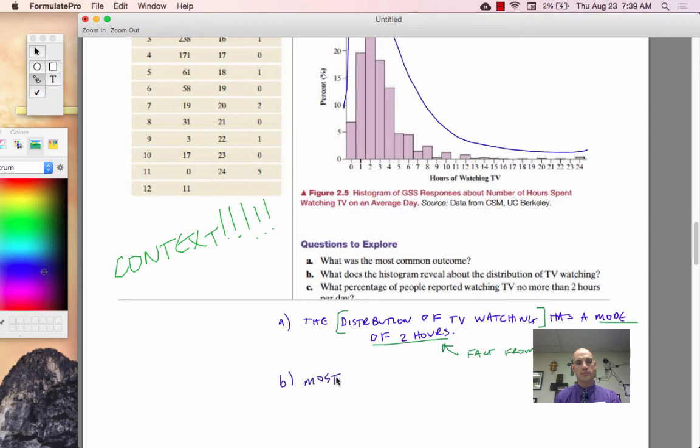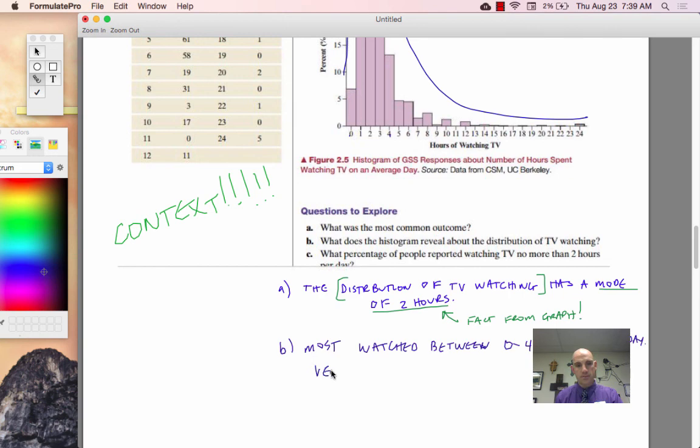Most people, not committal, most people watched between 0 and 4 hours per day. Is that true? So 0 to 4, yeah, most of the people fall in that category.